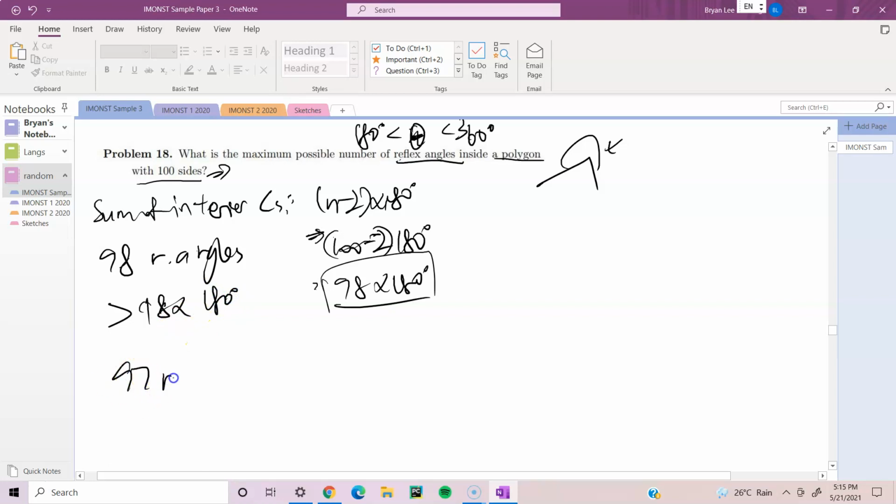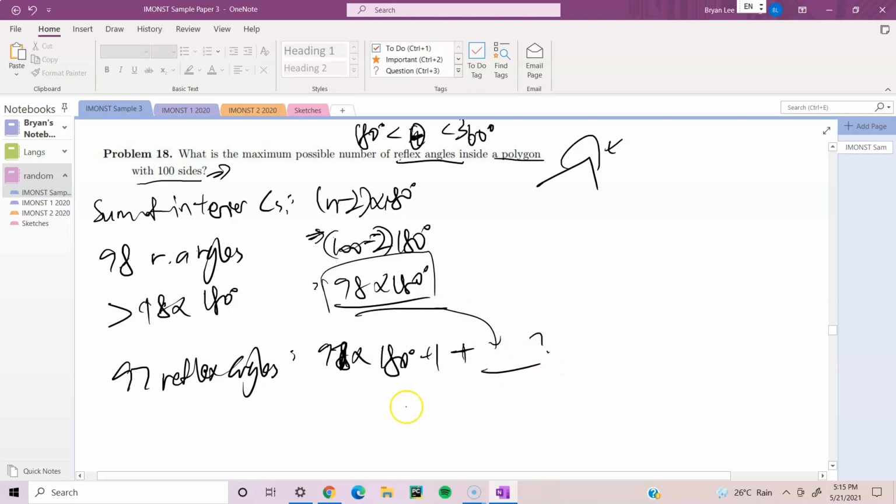But if you have 97 reflex angles, you could do something like 97 times 180.1 degrees, sorry, I messed up, plus a bit of stuff to add up to 98 times 180 degrees. It's possible, right? So this would be the theoretical maximum.